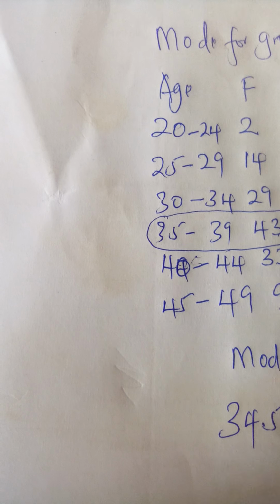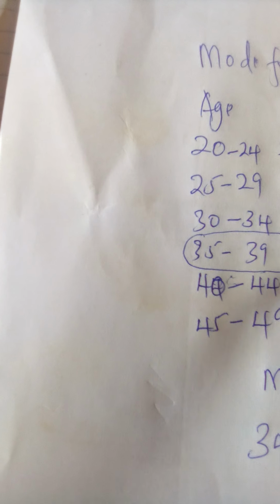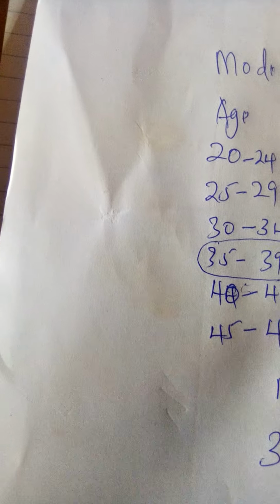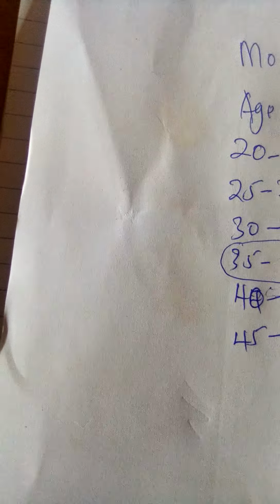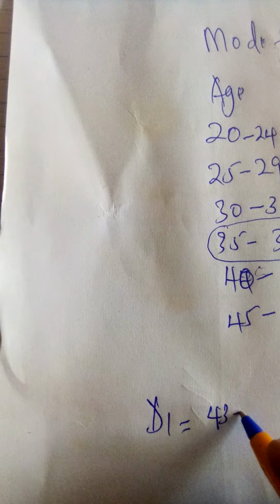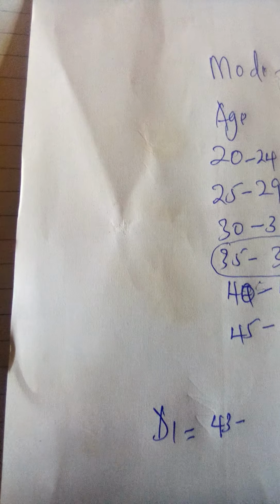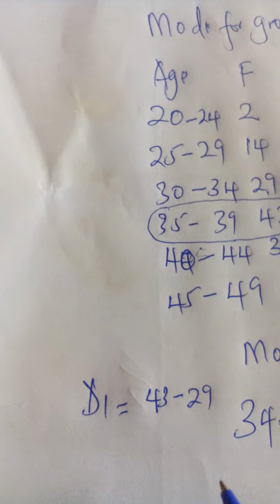Our D1 will be given by the difference between the modal class and the class immediately preceding it. In our case, it will be 43 minus the class preceding, which is 29.